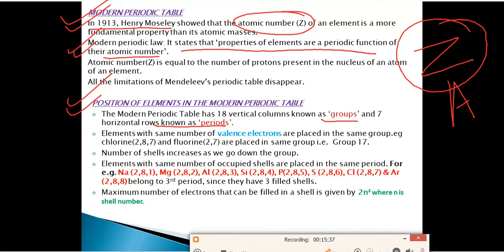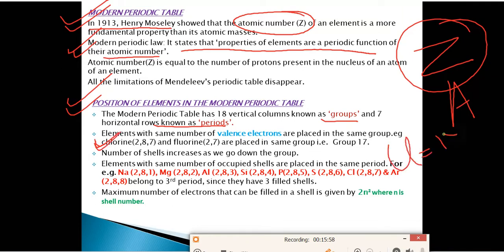For example, in group number 1, whatever elements they are, they will have the same valence electrons. Valence electrons means outermost electrons, the electrons which are present in the outermost shell. So all the elements will have one valence electron. The elements which are present in group number 2 will have 2 valence electrons. For example, you can see the electronic configuration of chlorine. Chlorine has atomic number 17.